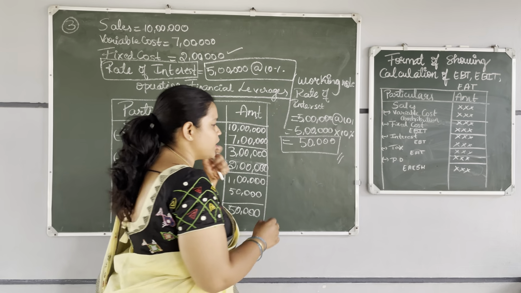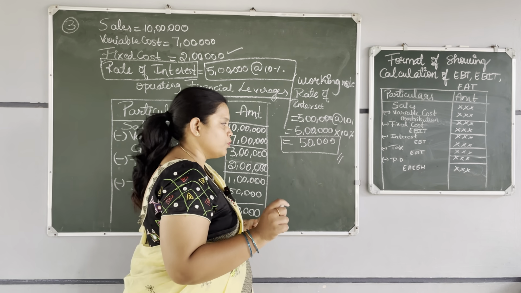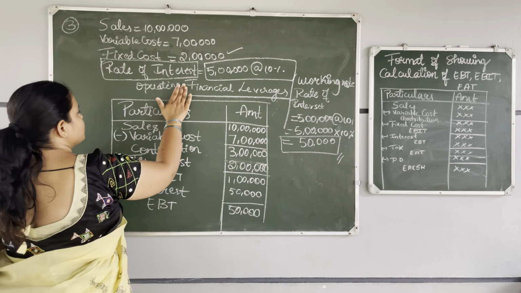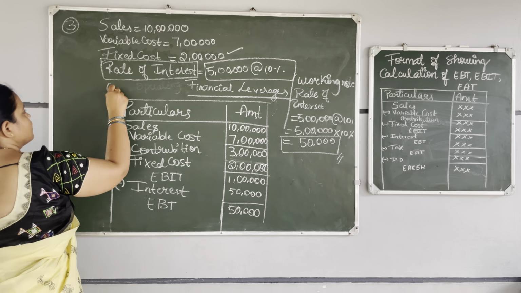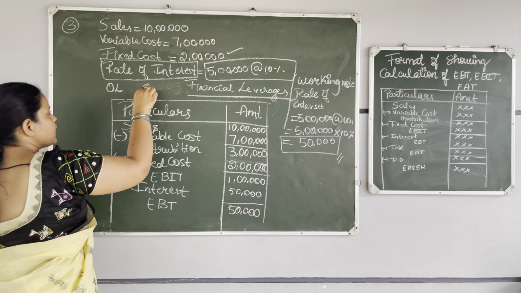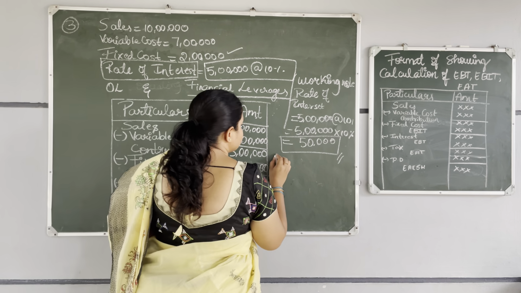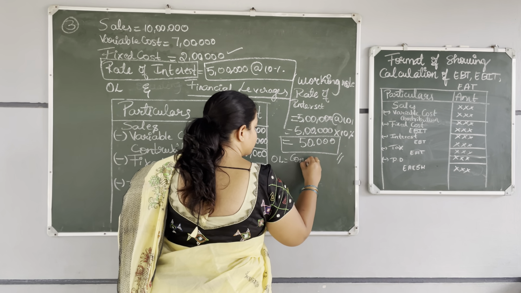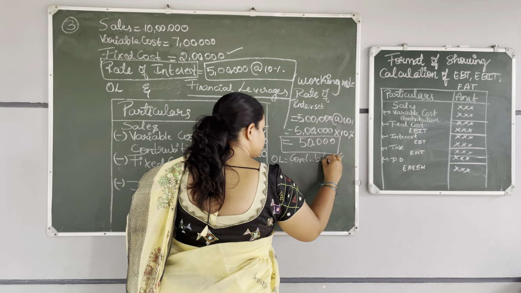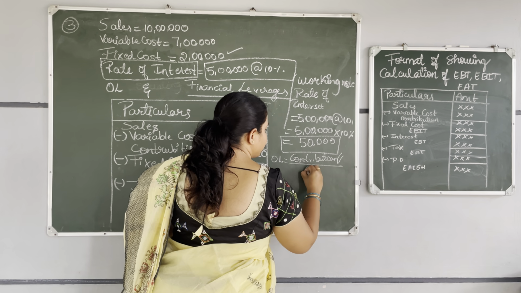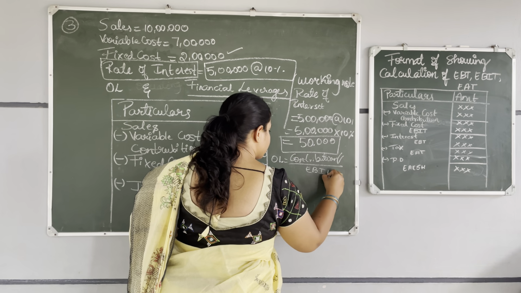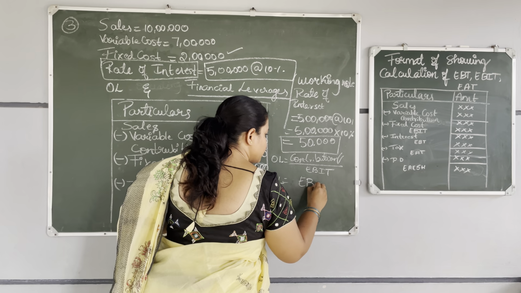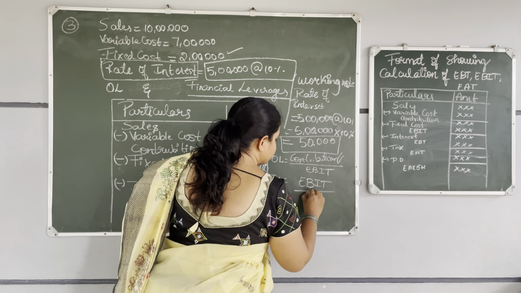Next we have to calculate the operating leverages and financial leverages. For operating leverages, you already know, it is contribution divided by EBIT, and for financial leverages, it is EBIT divided by EBT.